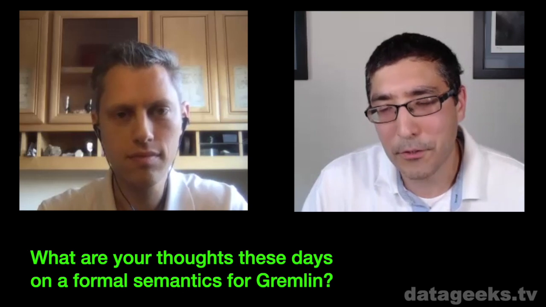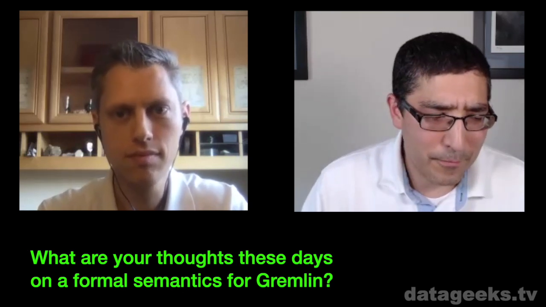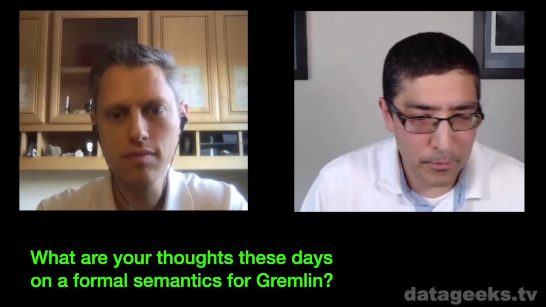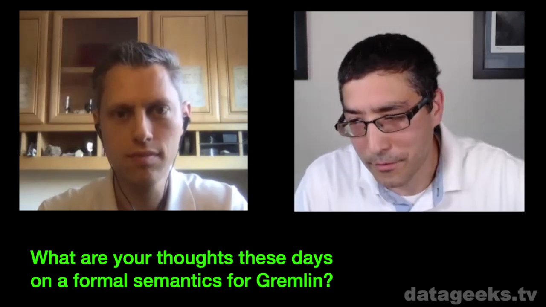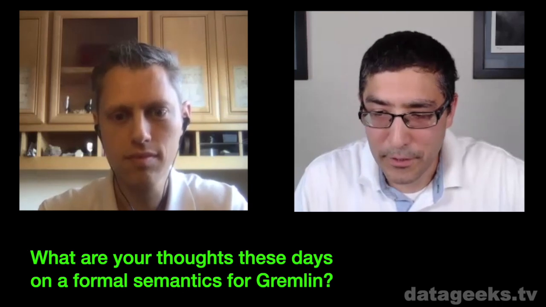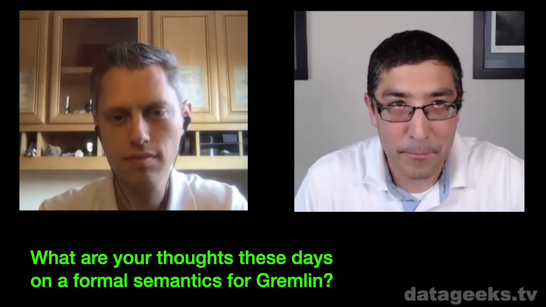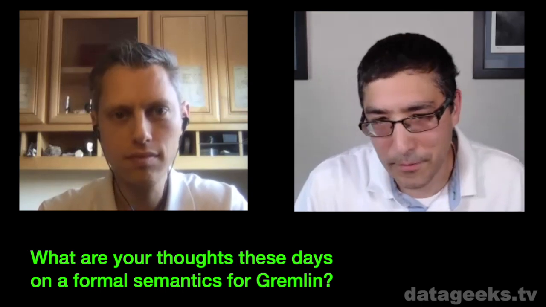There are just so many little corner cases that I've run into, and some folks I work with inside of Neptune are looking at things like equality of certain data types in Gremlin.